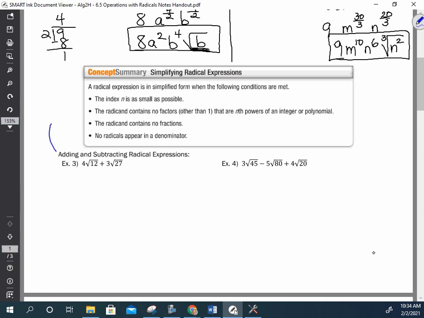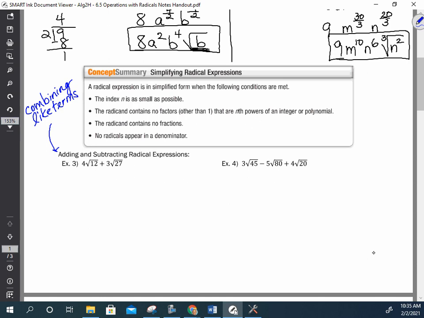Remember the concept of combining like terms. So when you have like terms, that's the only way you can combine them. Same thing applies for a radical expression.